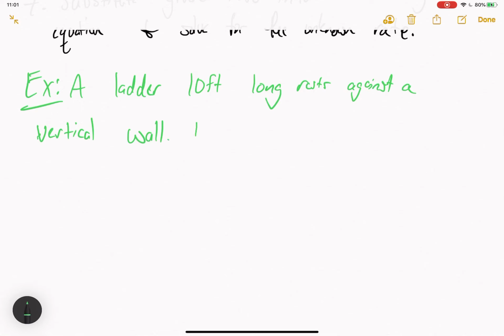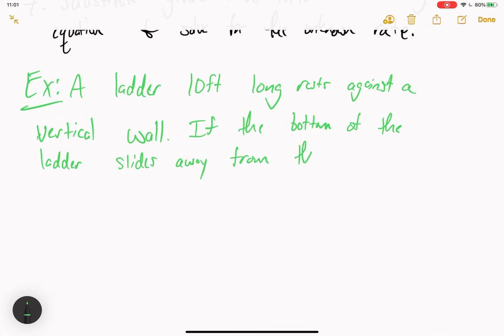And let's just say the ladder is slipping. So if the bottom of the ladder is moving away from the wall, in this case, slides, let's just say it's doing it at a rate of 1 foot per second.